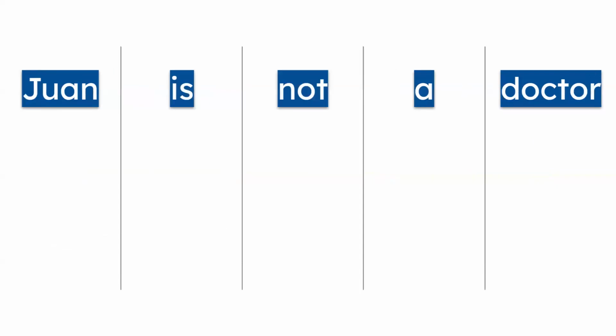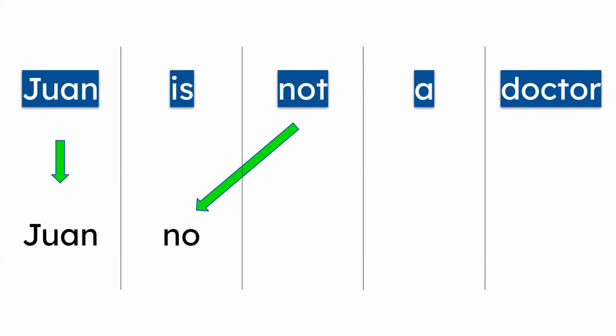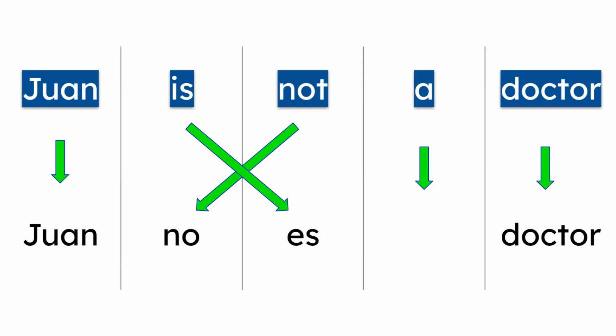Okay, now, of course, we have the negative form that I think you already know how to do, right? This is just Juan, then comes no, then es. Juan no es doctor. Perfecto. Juan no es doctor. Very good.